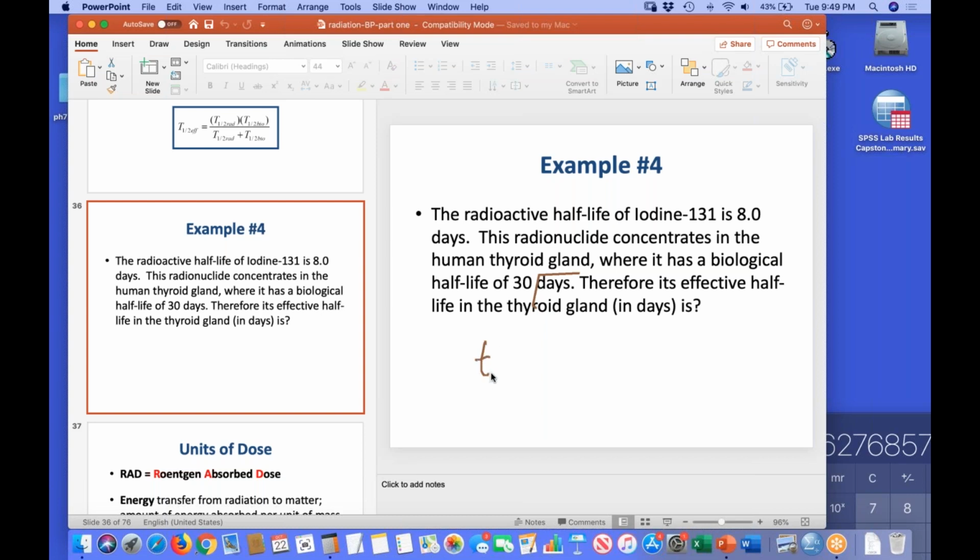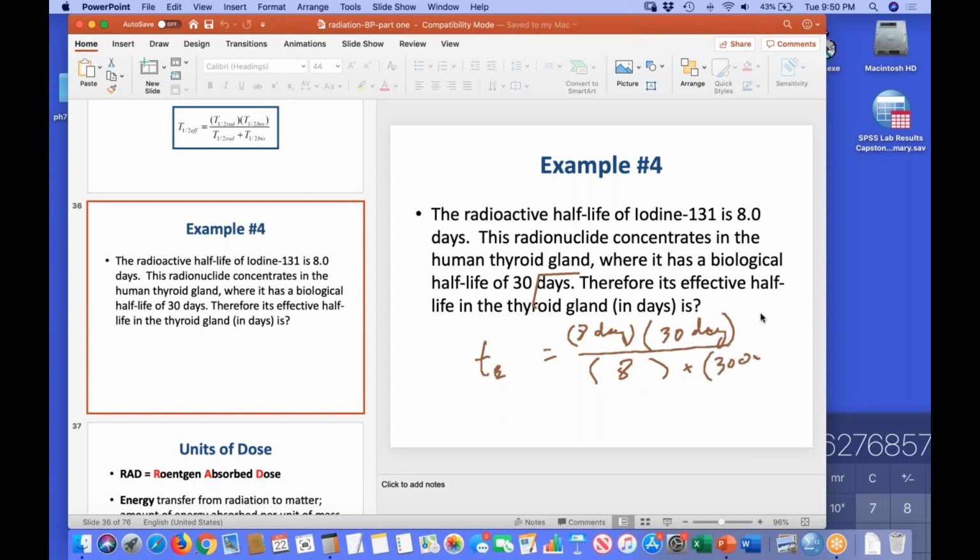So our effective half-life is equal to our radioactive half-life. What was our radioactive half-life? 8 days. Times our biological half-life, which was how much? 30 days? Okay, so it's 8 times 30 in days squared, over 8 plus 30 days.